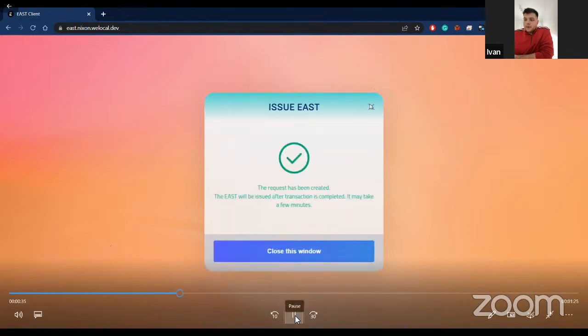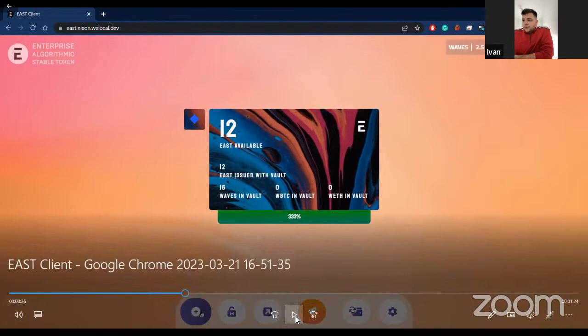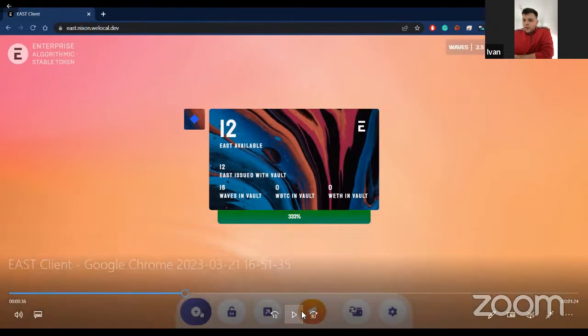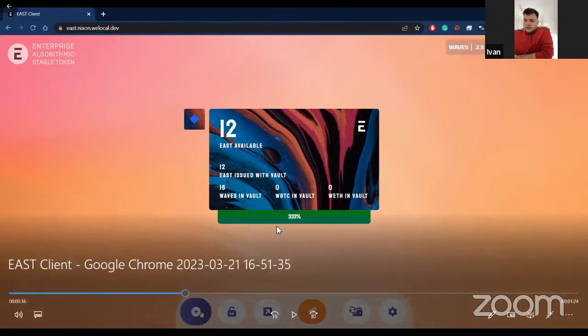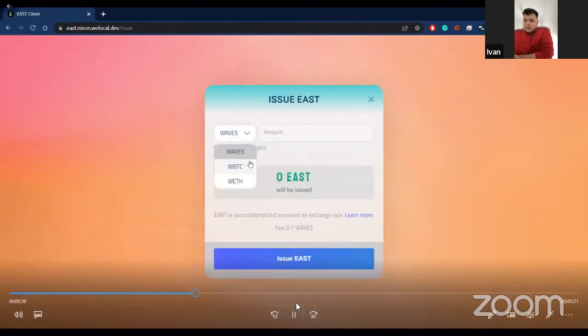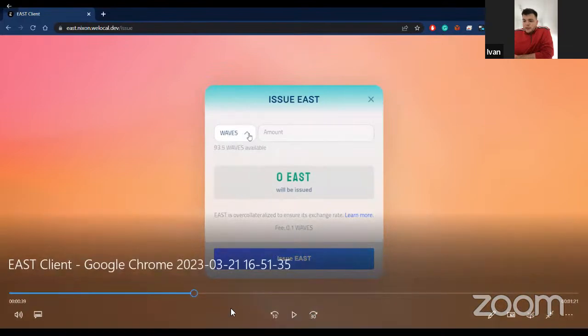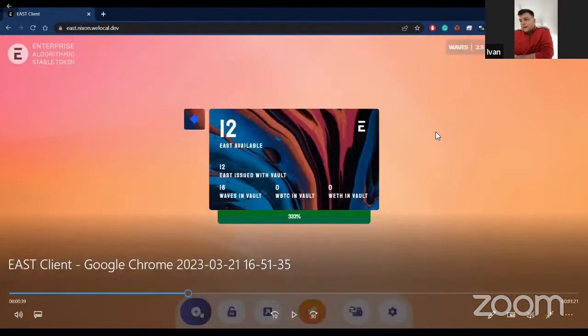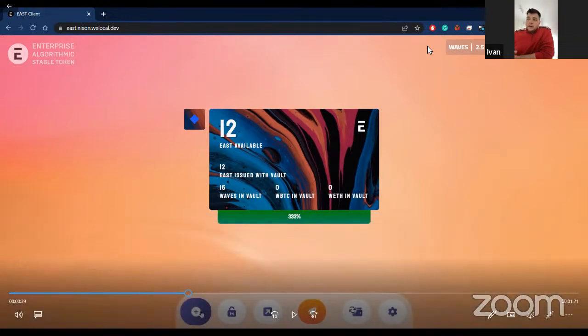Yeah, finally. Now we issue a new IST, and we need to wait a little bit. I want to draw your attention to the fact that this is a development version.